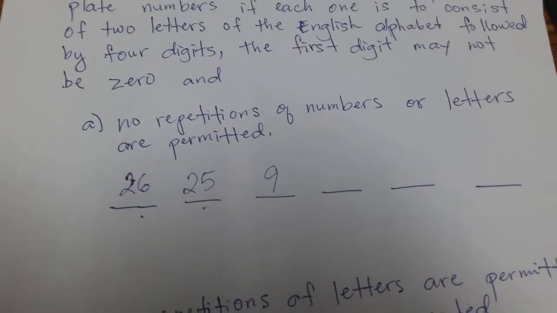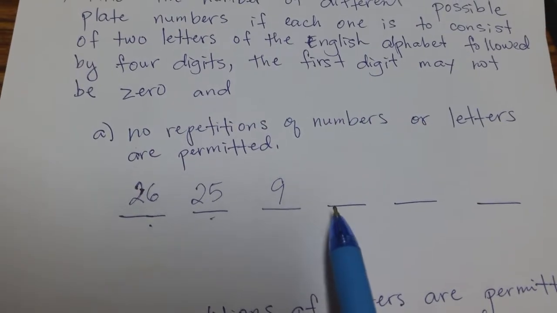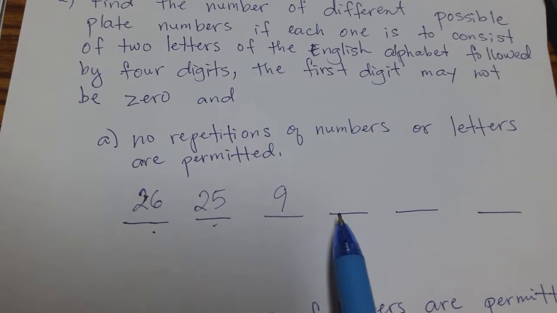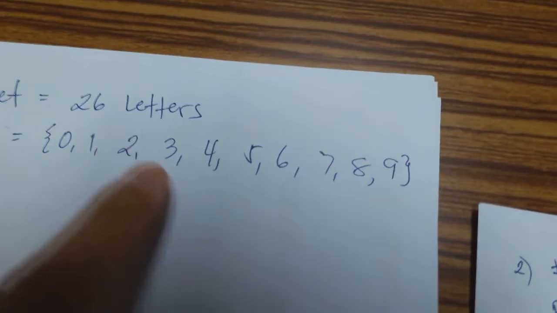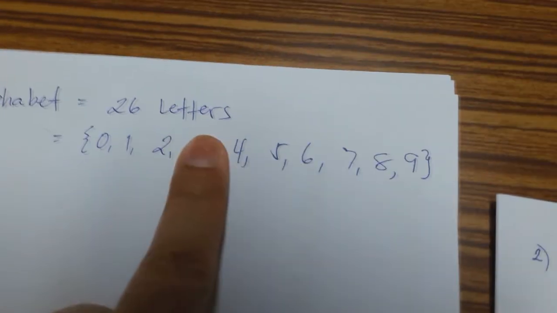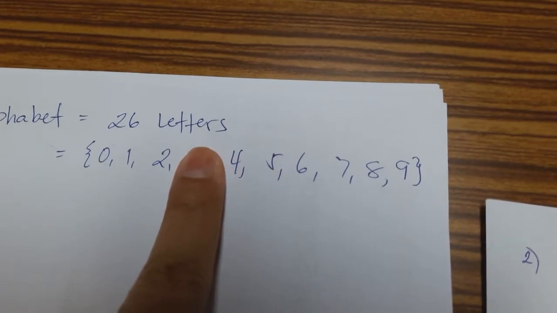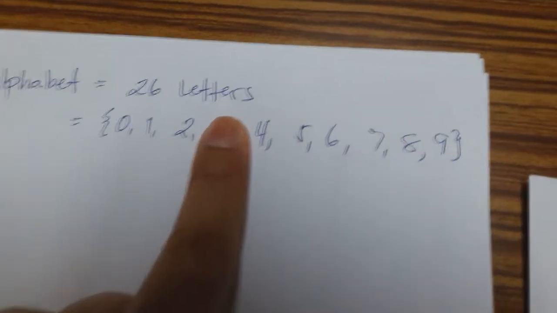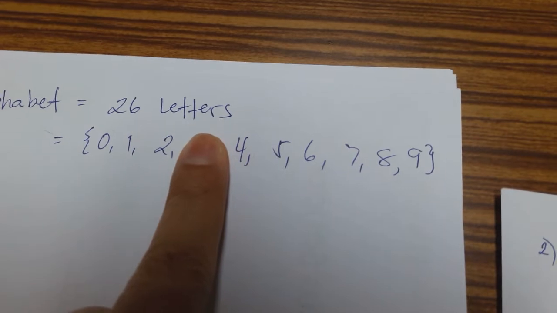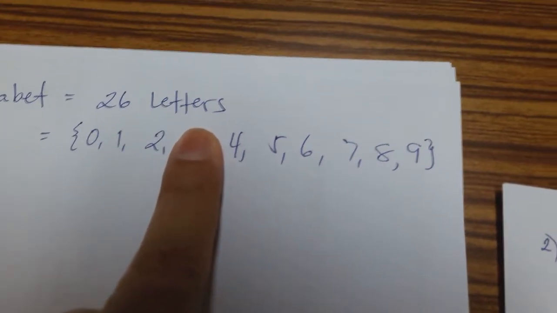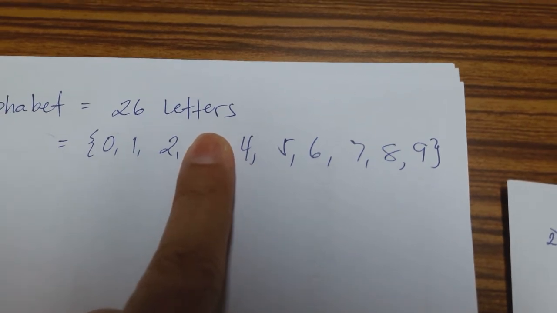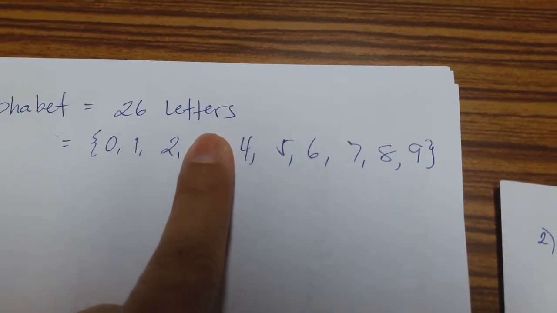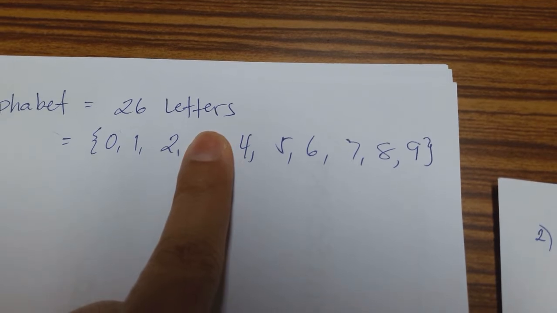Okay. For the second line, I can use 0 now. Let's analyze. For example, for the first line, I use number 3. And I cannot use it again for the second line because repetitions are not allowed. So for the second line, how many options do I have, including the 0?